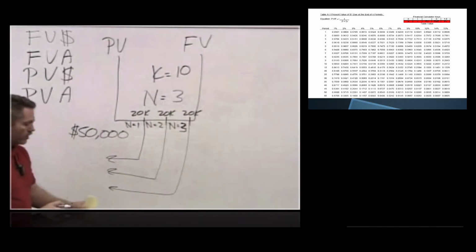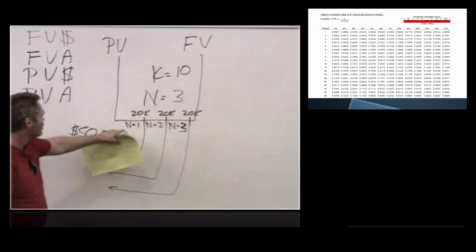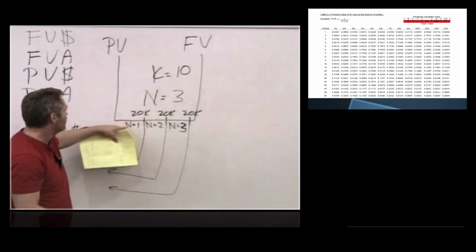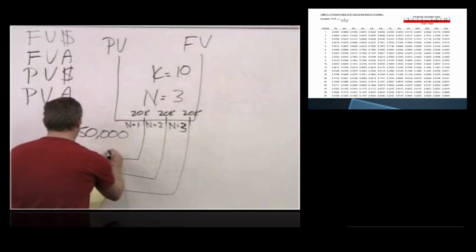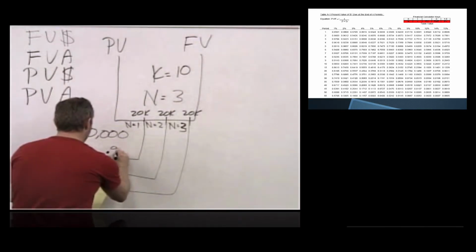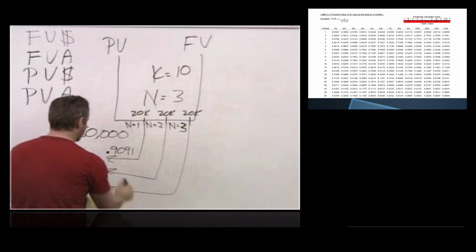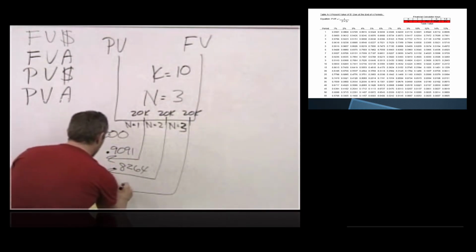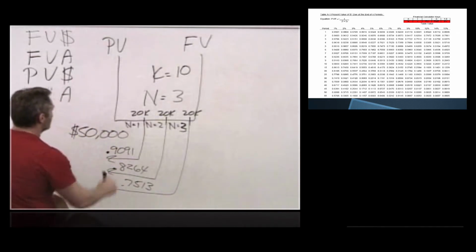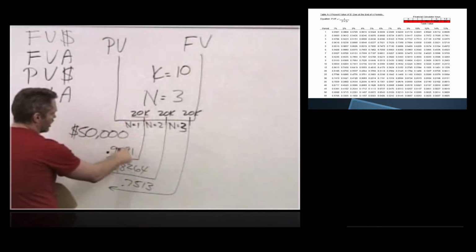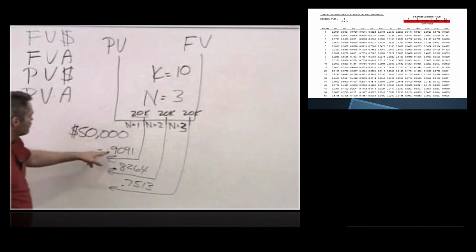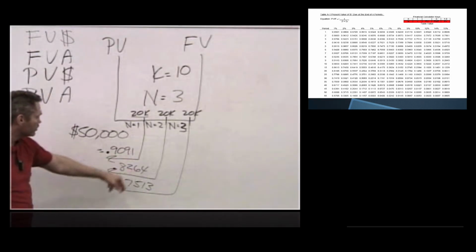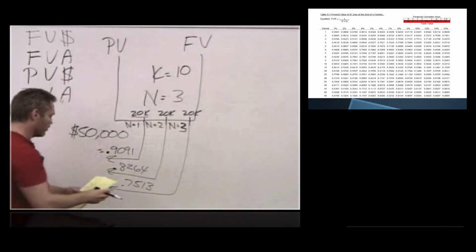All right, if we looked up on our present value of $1 chart, we saw at k equals 10, n equals 1, that our factor here was 0.9091. The second year was 0.8264. Our third year was 0.7513. We're going to then multiply $20,000 times 0.9091, times 0.8264, times 0.7513.